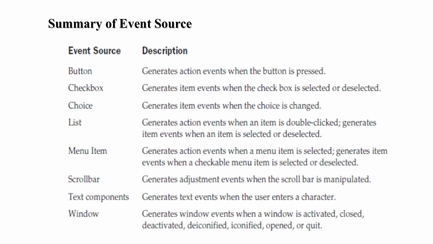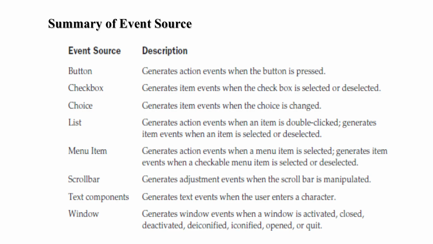Now we have different types of event sources which generate events: button, checkbox, choice, list, menu item, scroll bar, text component, windows. When we click some button, it will generate some action event. Checkbox, when we select or deselect it.